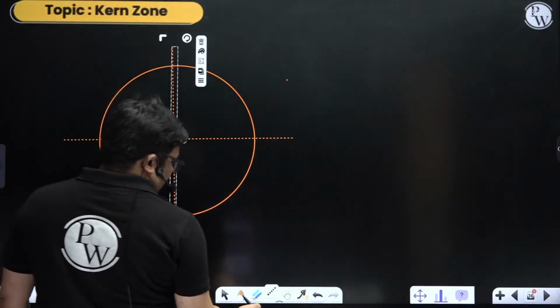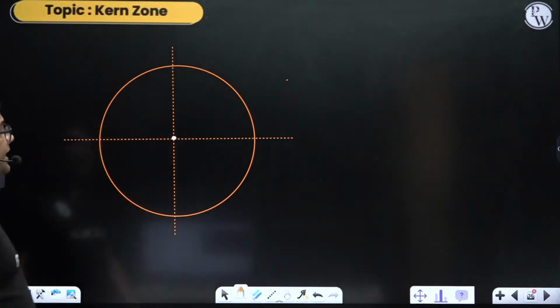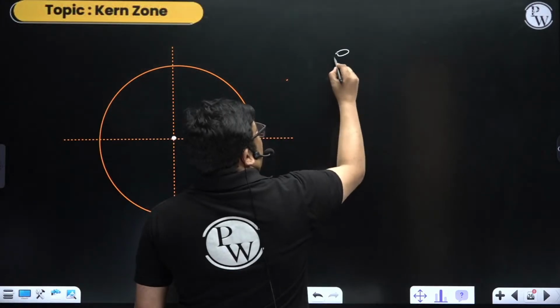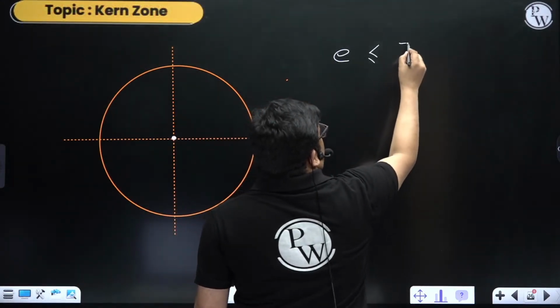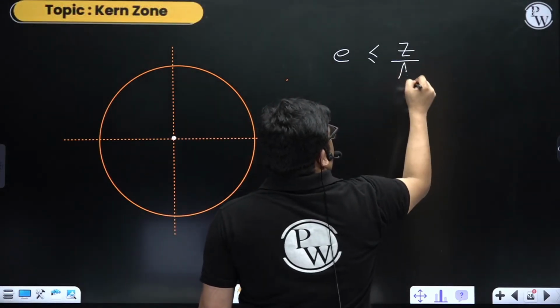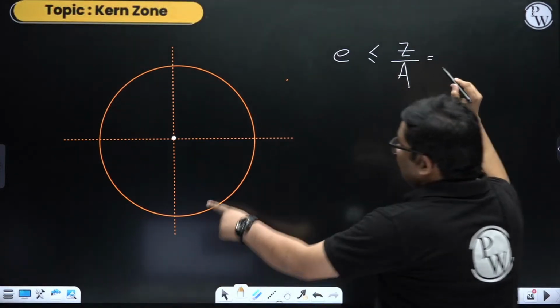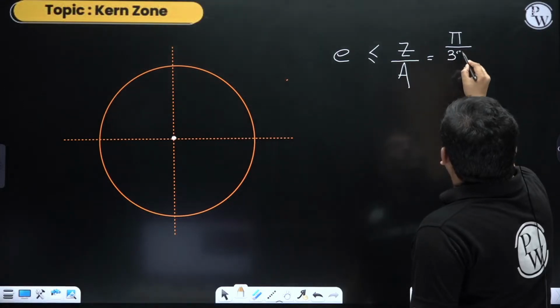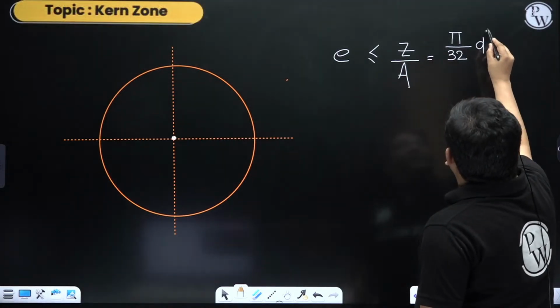Now see, to avoid tension in this cross section, E has to be less than or equal to Z by A. Now what is Z for a circular section? We know it is pi by 32 d cube.